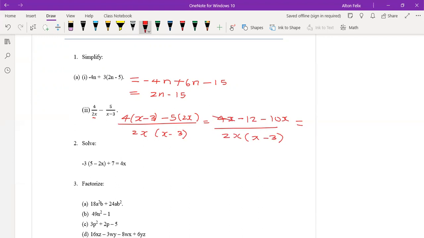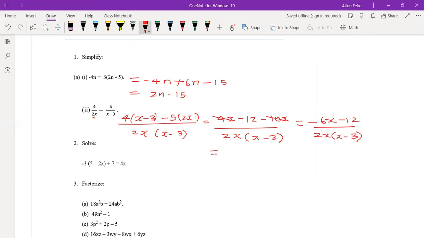So we can further simplify 4x minus 10x to give us minus 6x minus 12 divided by 2x multiplied by x minus 3. Now, if you wish, you can even take this further.